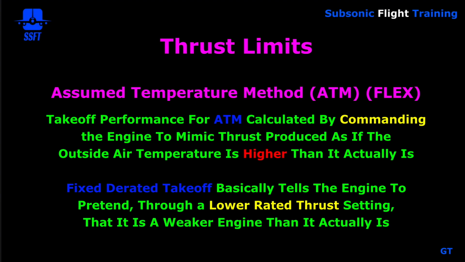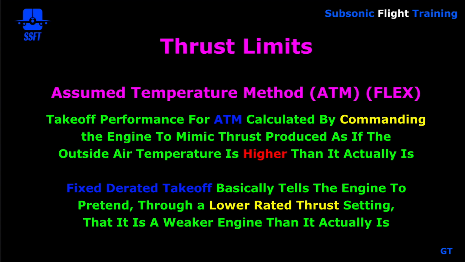The other method is the assumed temperature method, sometimes called the flex method. Takeoff performance for the assumed temperature method is calculated by commanding the engine to mimic thrust produced as if the outside air temperature is higher than it actually is.